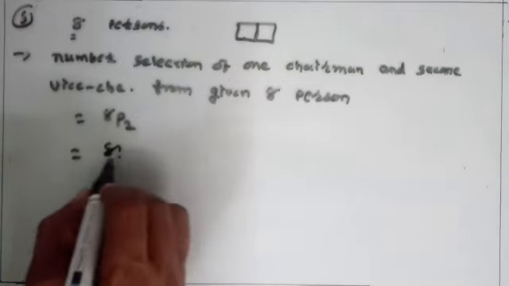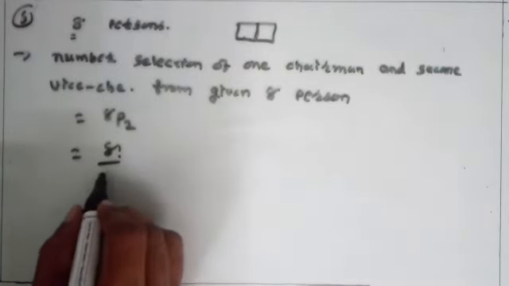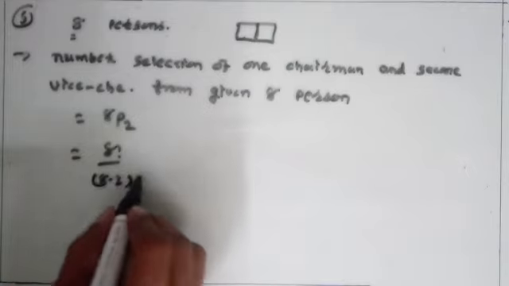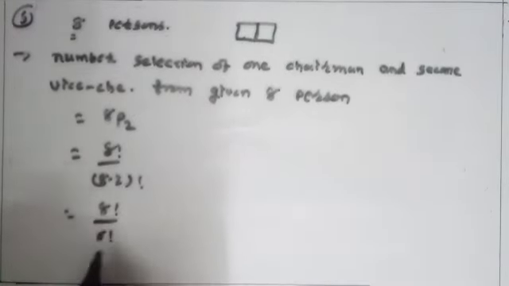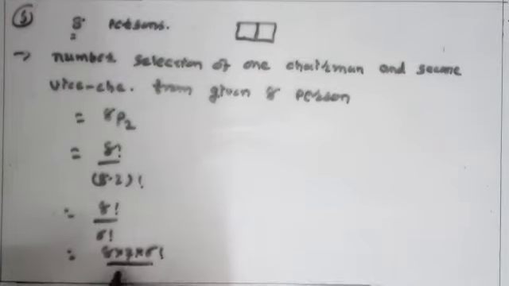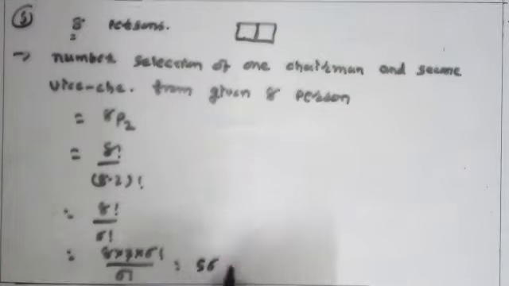So 8 factorial upon 8 minus 2 factorial, which is equal to 8 factorial upon 6 factorial. So it is equal to 8 into 7 into 6 factorial upon 6 factorial, 6 factorial cancels. So it becomes 56.